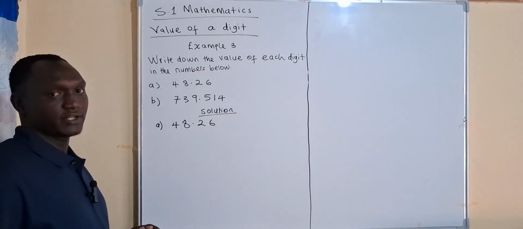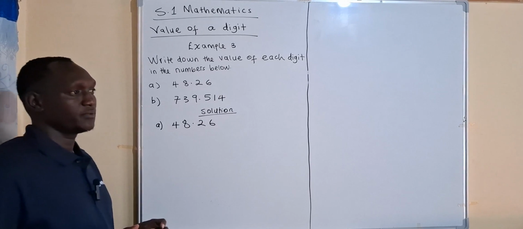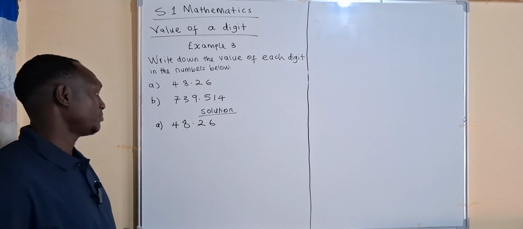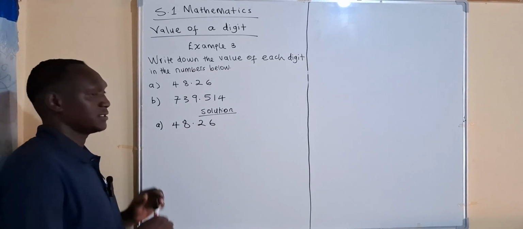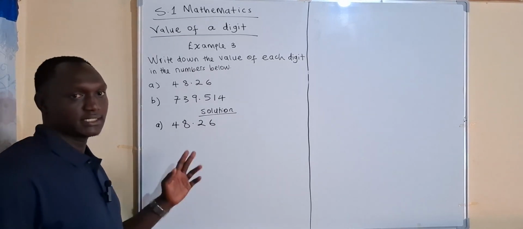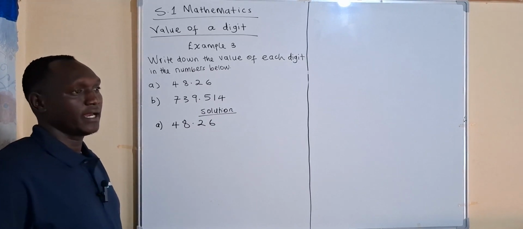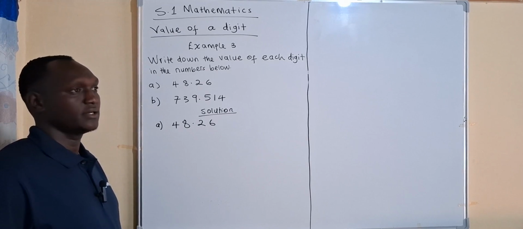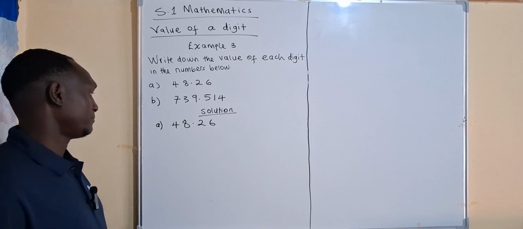Before we can give the value of the number, it is important that we first state its place value. What we can notice here is that this is a decimal number, and we know how to give the place values of digits in a decimal number.